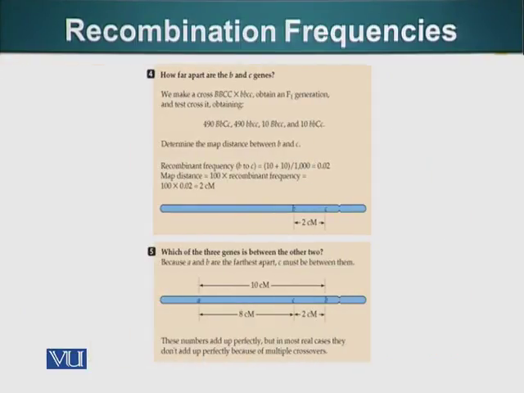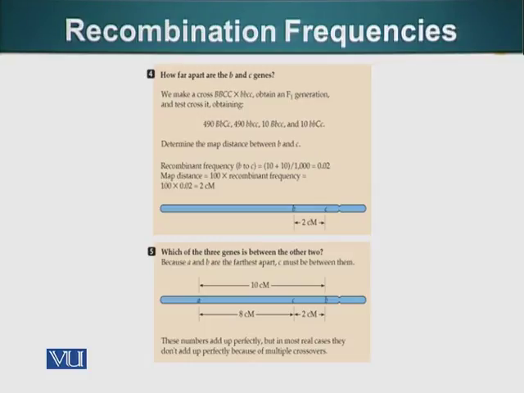We do a similar type of cross to what we have done previously. Now the number of recombinants is 10 for capital B, small c and 10 for small b, capital C. We convert this number into frequency. It is 0.02, or 2 centimorgans. Now with this information, we know the precise relative positions of these three genes.